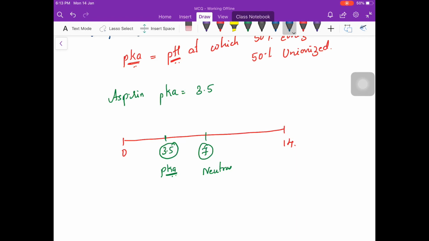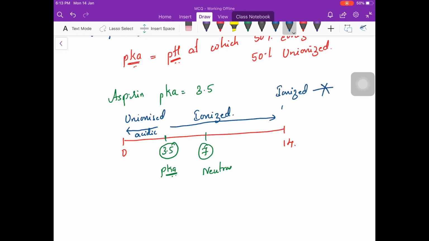Now as the drug moves towards this side, if it is an acidic drug, in this pH it will be unionized. But if it moves towards this side, it will be mostly ionized. Remember the fourth concept: if a drug is ionized, it cannot cross. If it is unionized, then only it can cross. Basically four things.